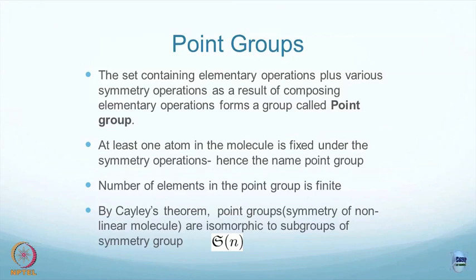C2 is nothing but identity and C2, sigma V is nothing but identity and sigma V. These are the elementary operations. You can compose these elementary operations and write a set which you call C2V, which is E, C2, sigma V, C2 sigma V.